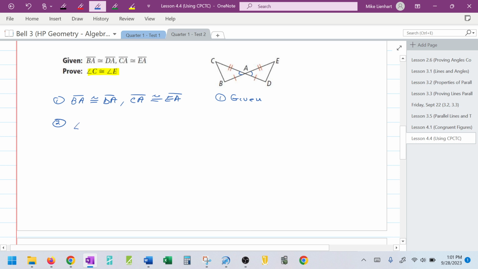I'm going to call it angle CAB, and that's going to have to be congruent to angle EAD. Notice how I'm really concentrating on naming the vertices in the correct order. I know those two angles are congruent because vertical angles are congruent.